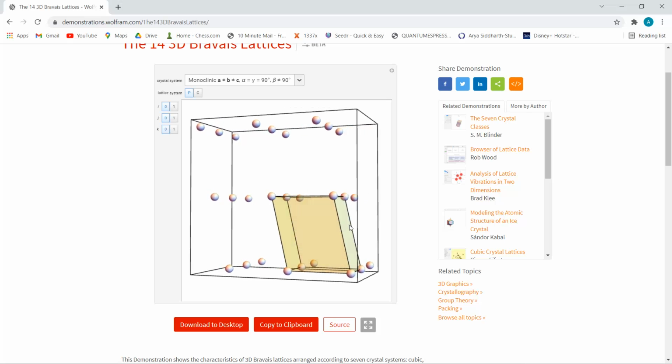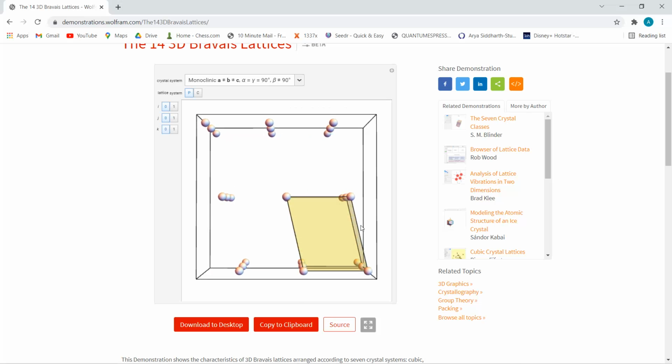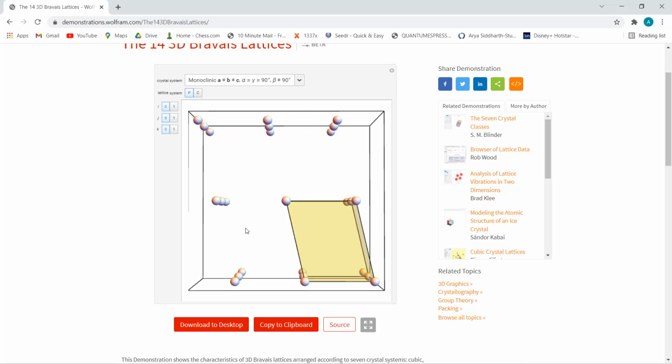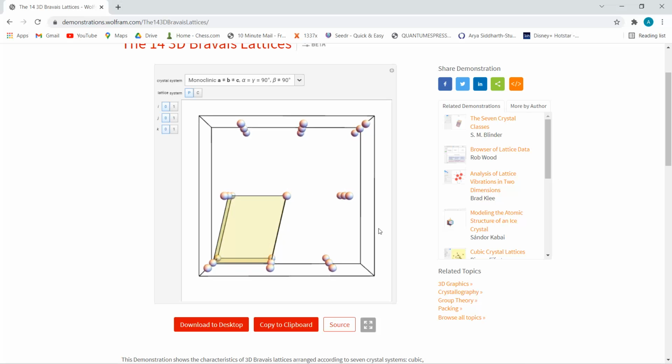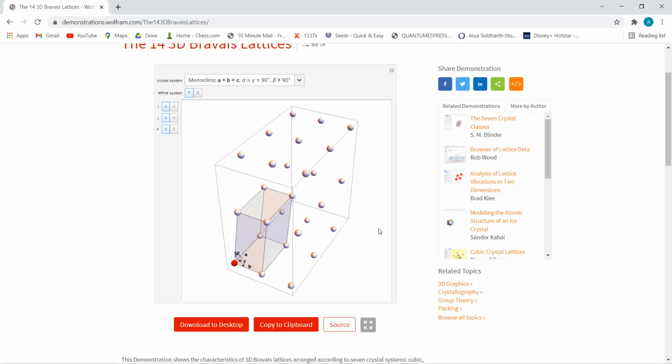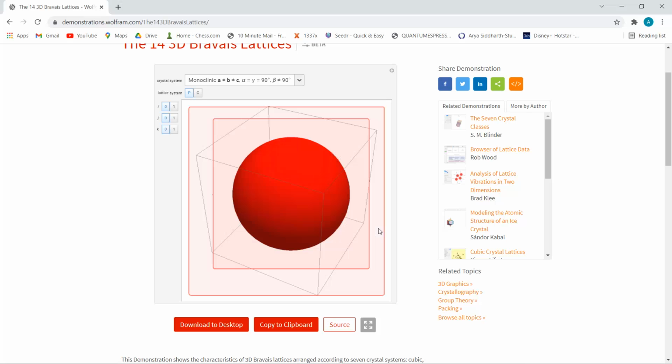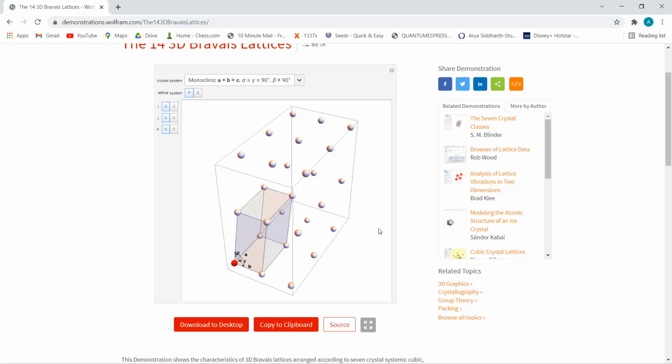We can see that after a 180-degree rotation with respect to the z axis, we find the identity. And in the case of others like triclinic, there is no symmetry present except the translation.